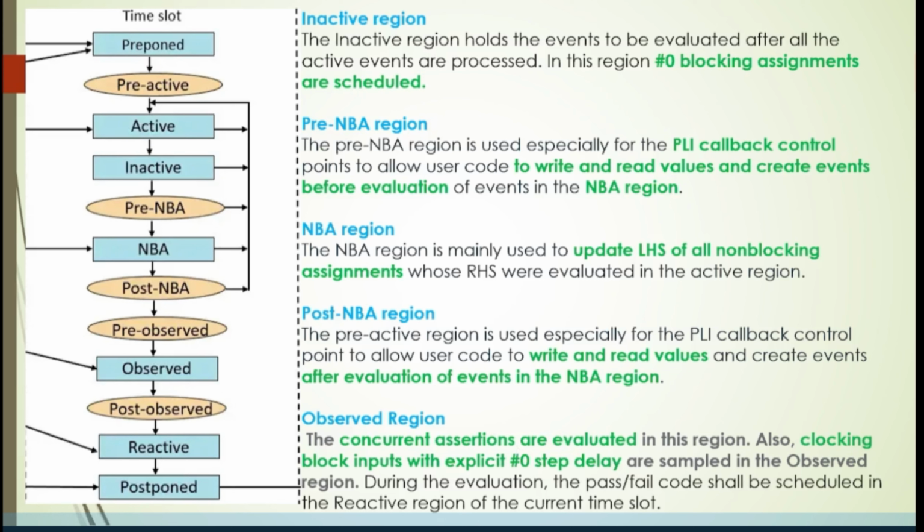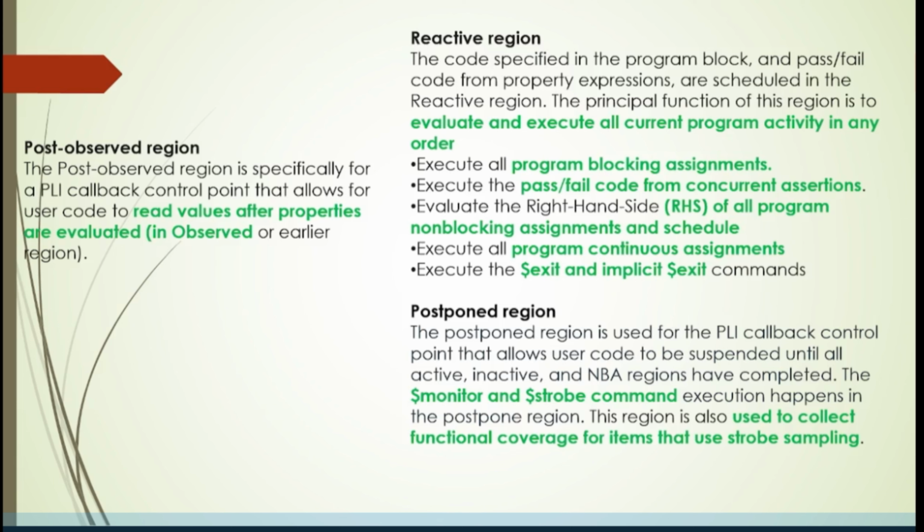So the output is evaluated in the observed region, but whether the assertion passed or failed will come in the reactive region. Right, so what is happening in the reactive region?